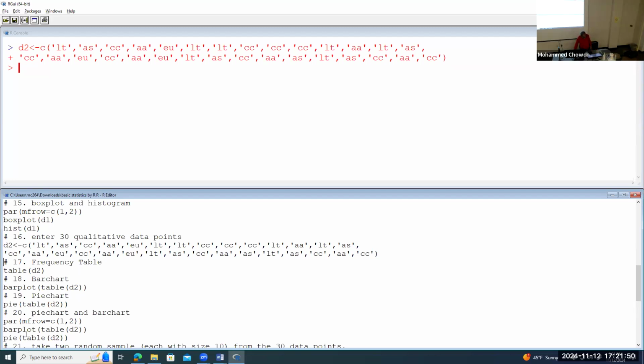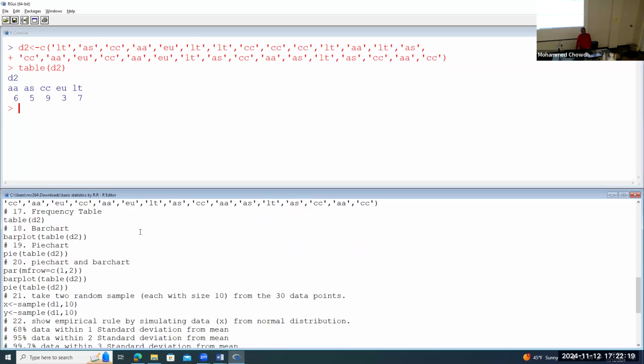Now I want to find their frequency distribution. If I run this, there are 6 African American, 5 Asian, 9 Caucasian, 3 European, and 7 Latinos. How do we find it? By using the code or command table.